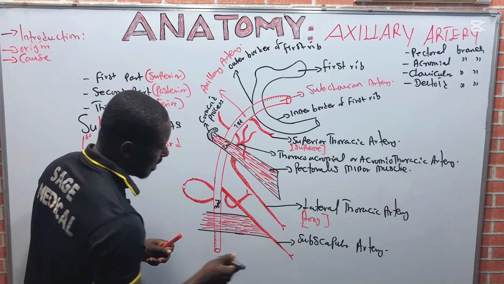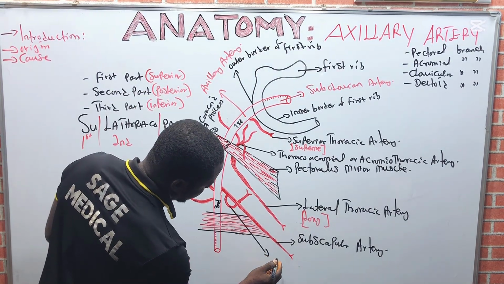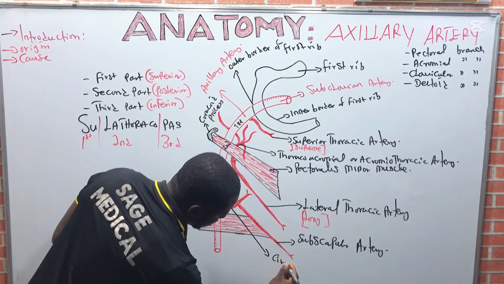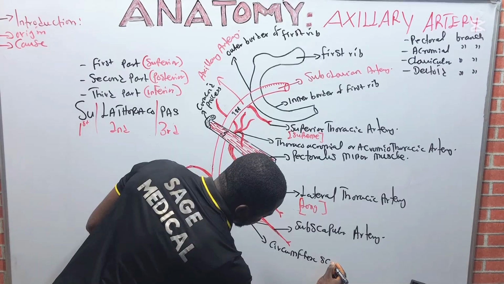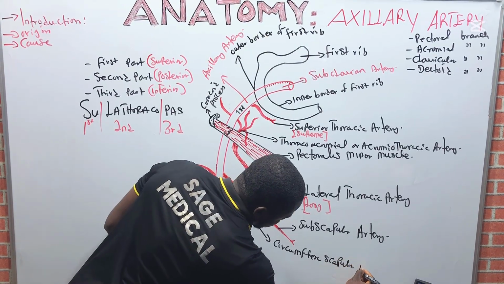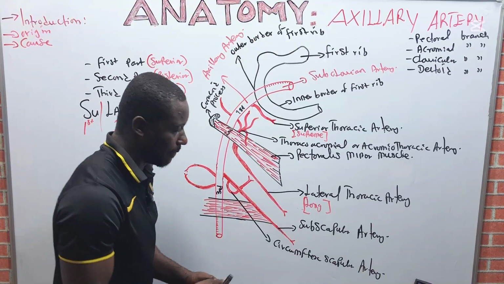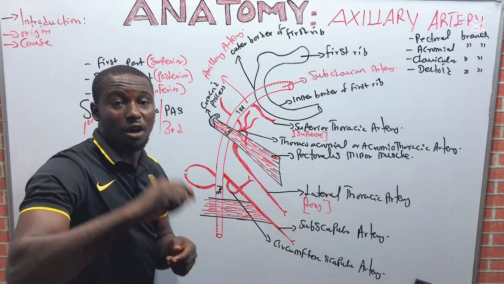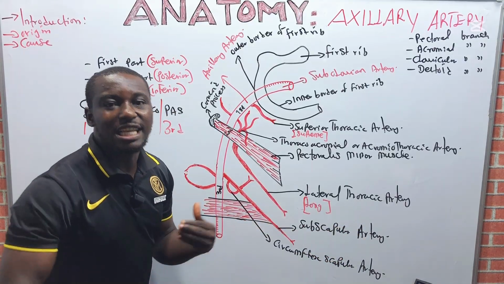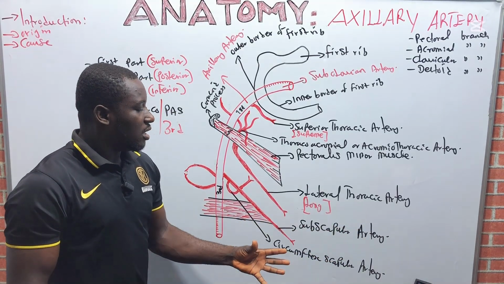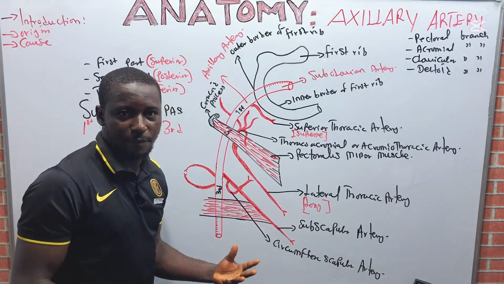Look at the circumflex scapular artery here. The circumflex scapular artery, which was given off when the subscapular artery ends near the inferior angle of the scapula, is a large branch of the subscapular artery, right?